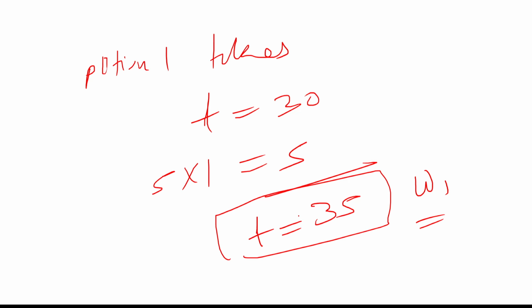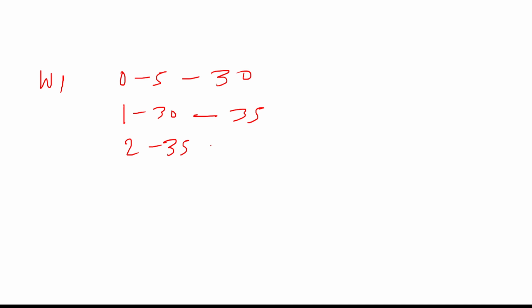Similarly, you take portion 2, which finishes at t equal to 10, right? It will keep moving ahead, and you will calculate like this, right? So for wizard 1, portion 0 goes from 0 to 5, and then 5 to 30. Portion 1 goes from 30 to 35. Portion 2 completes at 35. Portion 3 goes from 55 to 65, like this.